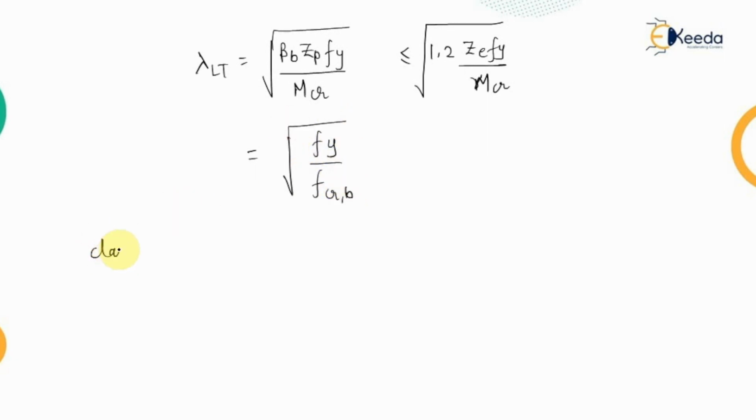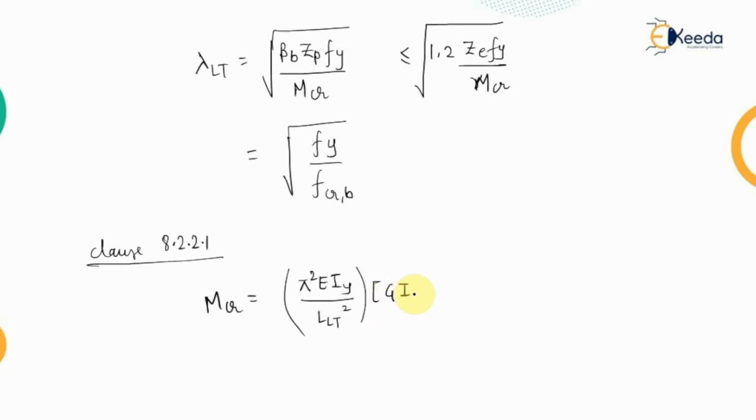Now, according to clause number 8.2.2.1, which deals with the laterally unsupported beams, this M critical which we are using in this relation is calculated by a big formula: the square root of pi square E IY divided by the effective span in lateral torsional buckling, and the second term in continuation is G, the modulus of rigidity, into the twisting constant for the lateral torsional buckling, IT, plus pi square into Young's modulus into the warping constant, IW, divided by the effective length in lateral torsional buckling.